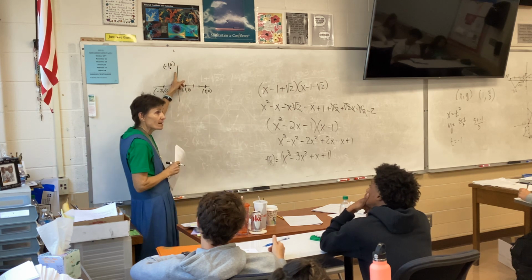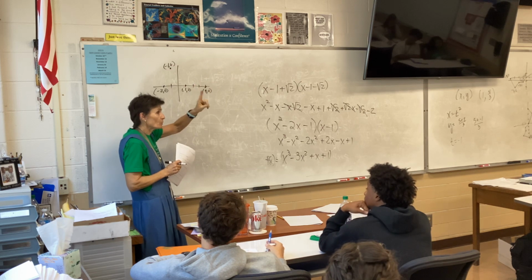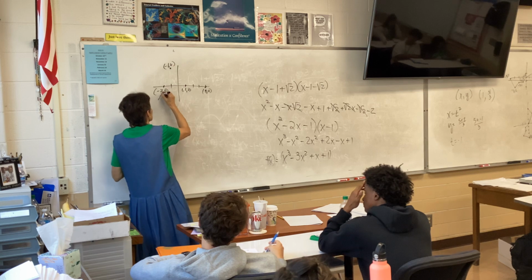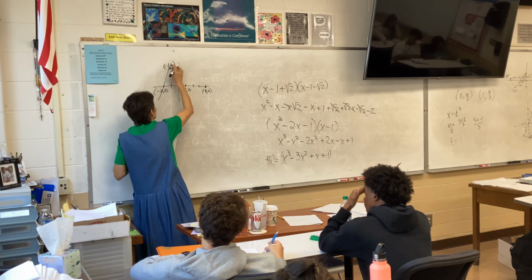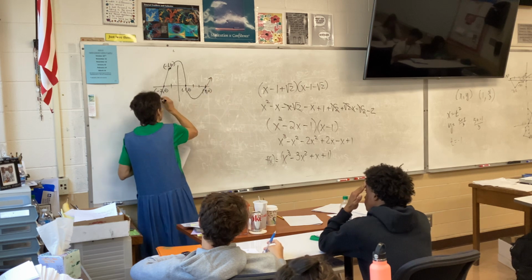Now that right there narrows it down for me, because there's only one function now that's going to contain, I don't know that that's a maximum, but it contains that point. There's only one of those.